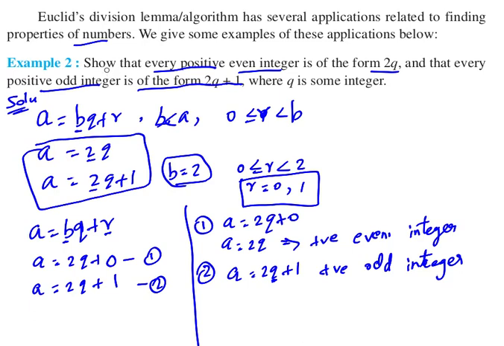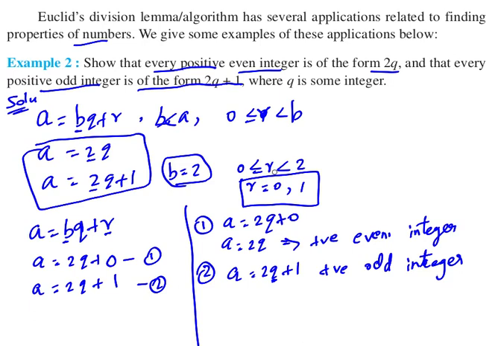So let me discuss once again. Show that every positive even integer is of the form 2q and every positive odd integer is of the form 2q plus 1. According to the given formation, in the place of b we have 2, so we can consider b as 2. If we substitute in this range of r, 0 less than or equal to r less than b, in the place of b we can put 2.